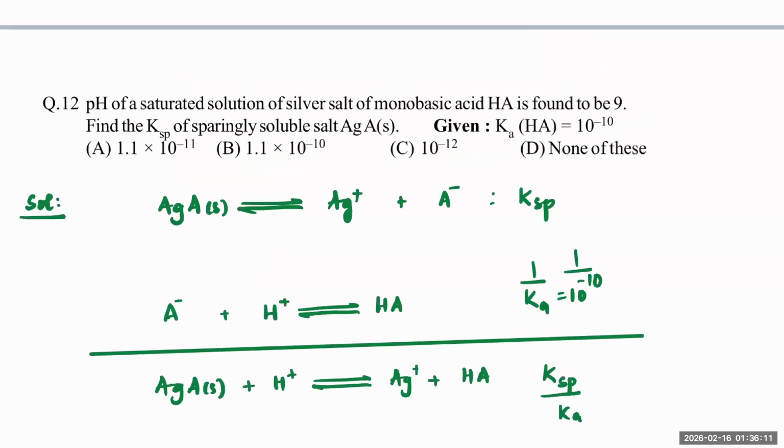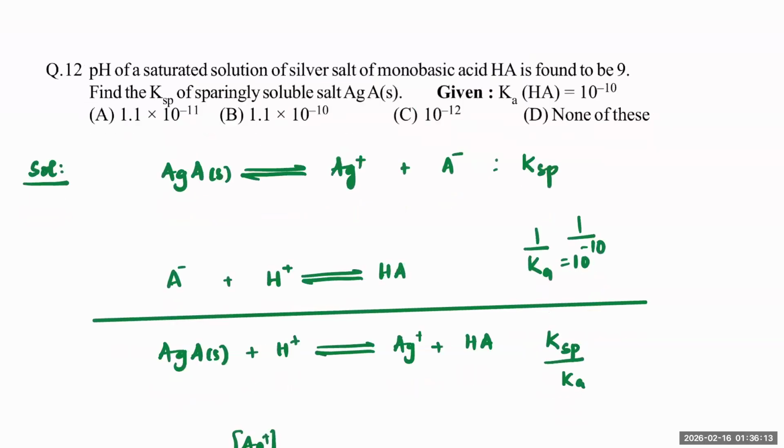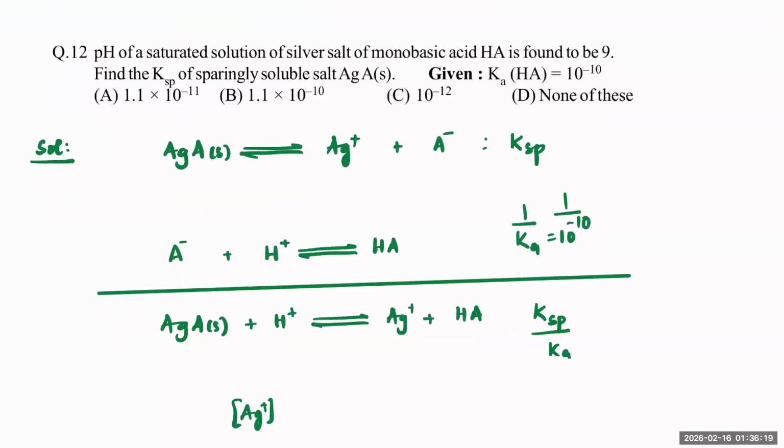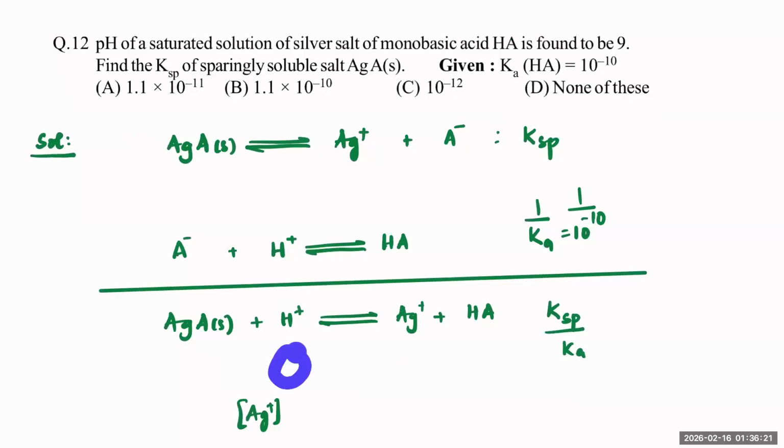Now see, pH of this saturated solution of this monobasic acid given is 9. If I can say that H plus concentration in this case is given as 9 here, which means the OH minus concentration, I can say, one second. Silver salt of monobasic acid, HA.